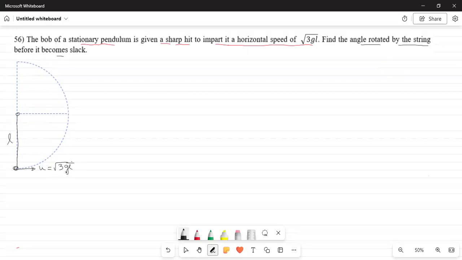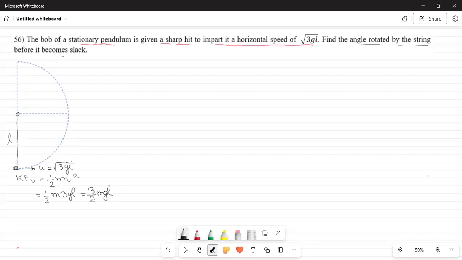If u is equal to root 3gL, then its initial kinetic energy, let's write kinetic energy K0, is half mv square, which is equal to half m 3gL, which is equal to 3 by 2 mgL.